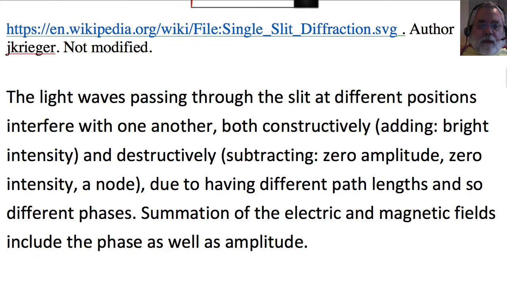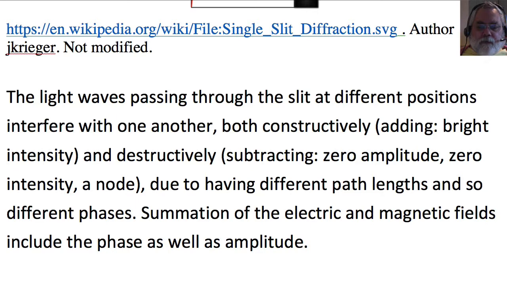So the light waves passing through the slit at different positions on the screen interfere with one another, both constructively, adding together a bright intensity, and destructively, subtracting from one another, and at places we get zero amplitude, zero intensity, a node.